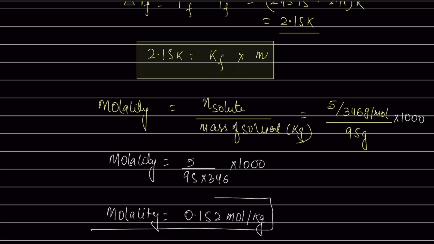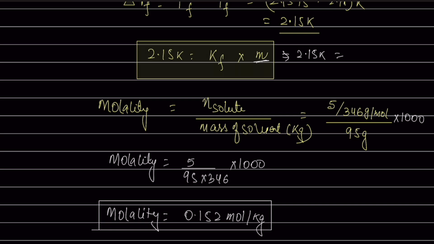So now we found the molality and can substitute it here. 2.15 Kelvin is equal to Kf into 0.152. So Kf is equal to 2.15 divided by 0.152, equal to 14.14 Kelvin kg per mole.